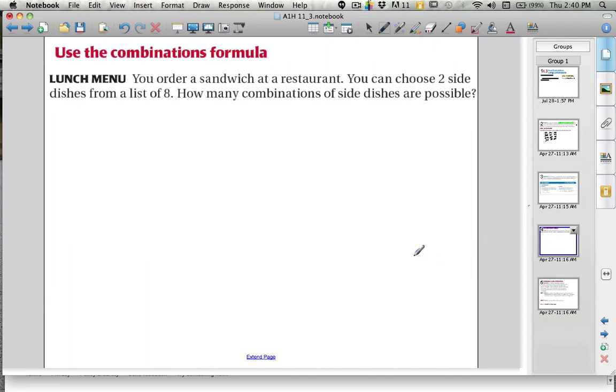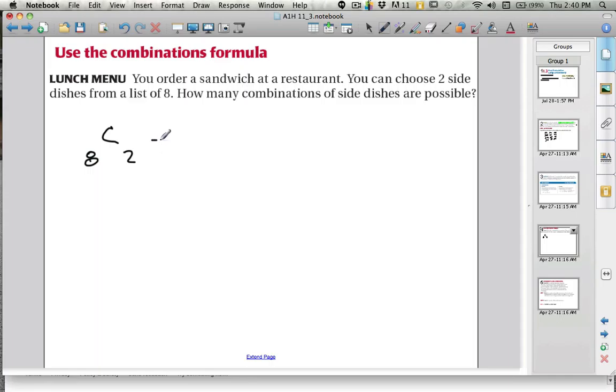If we want to see how we use this in action, say I want to order a sandwich at a restaurant and I can choose 2 side dishes from a list of 8. Remember, if I'm choosing potato salad and coleslaw, it doesn't matter if it's coleslaw and potato salad or potato salad and coleslaw. They're the same pair of side dishes and my meal is the same.